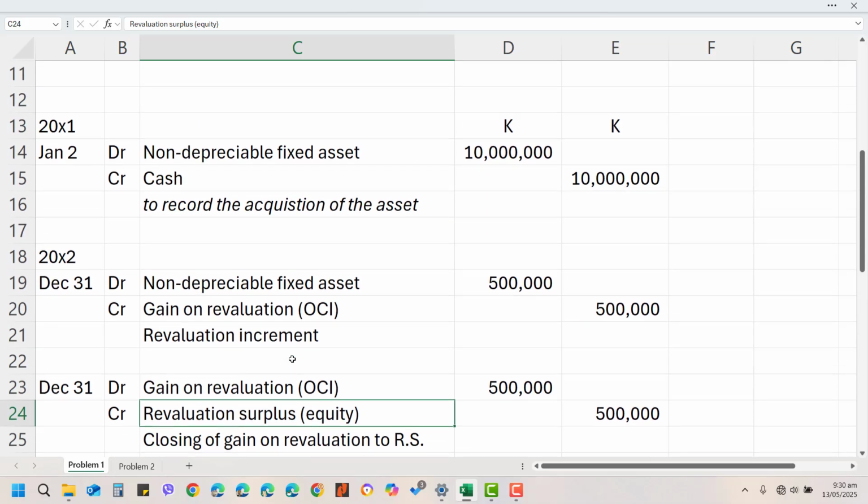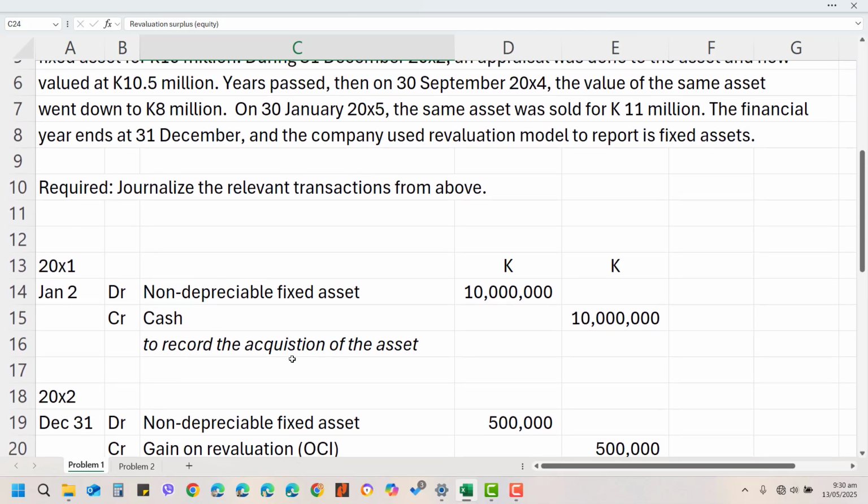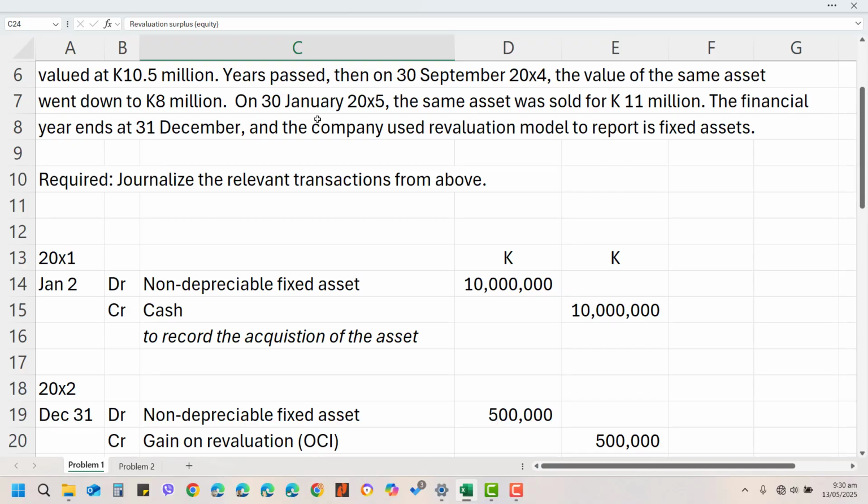Right. So the next transaction: the value went down to 8 million. So from 10.5 million it becomes 8 million, and the difference is basically 2.5 million.